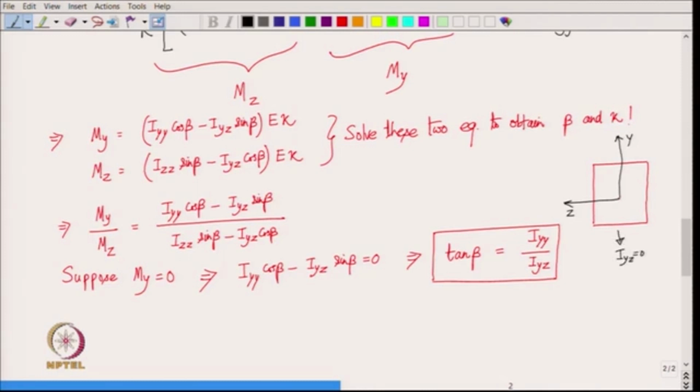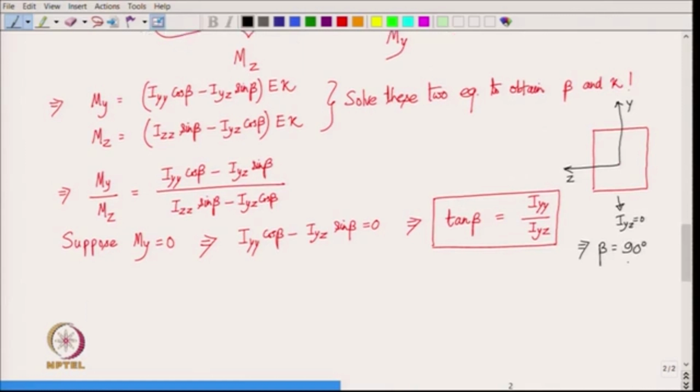Okay. Now, plug in I yz as 0 here, then what do we get? That tan beta is infinite, which means beta is 90 degrees. So, that means the neutral axis makes an angle of 90 degrees from the y axis, and this is what we also had earlier, that the neutral axis was coinciding with the z axis, isn't it.